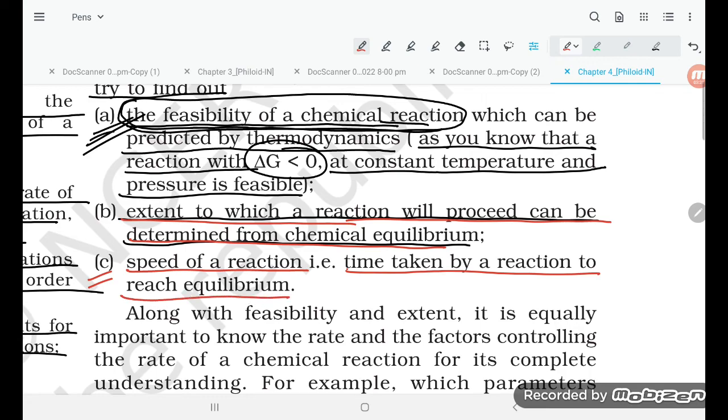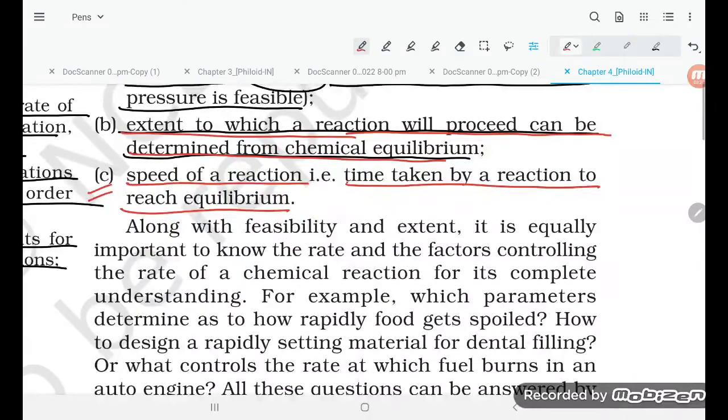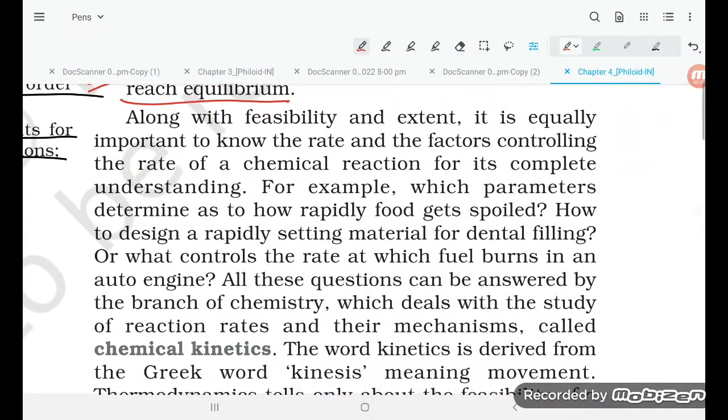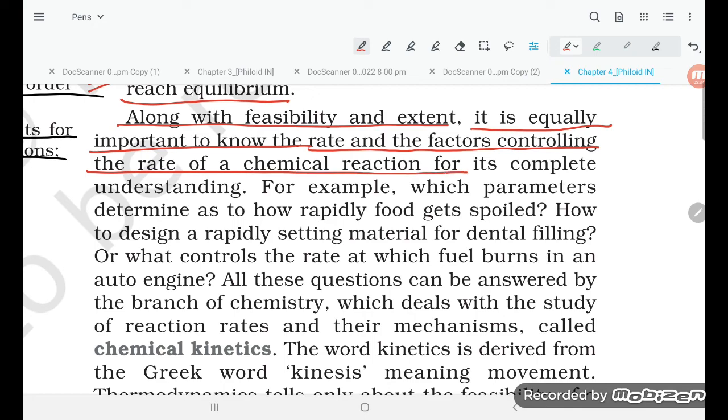So all these things we have to understand here. Now, along with the feasibility and extent, it is equally important to know the rate and the factors controlling the rate of the chemical reaction for its complete understanding. So it's not only about whether it is taking place or not, and to what extent, we also need to understand what factors are going to control the rate of reaction.